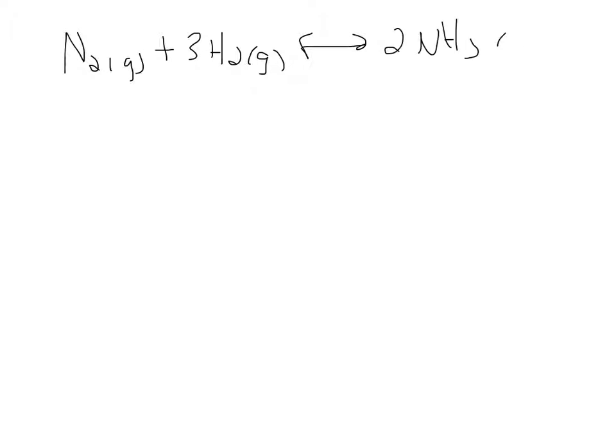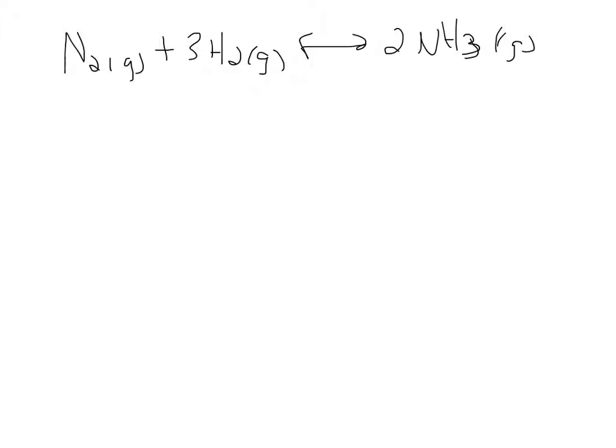All right, so let's look at a very common reaction that is pretty important. This is the Haber process reaction, and I think we've seen this in many other examples before. So we're taking nitrogen and hydrogen and forming ammonia gas.